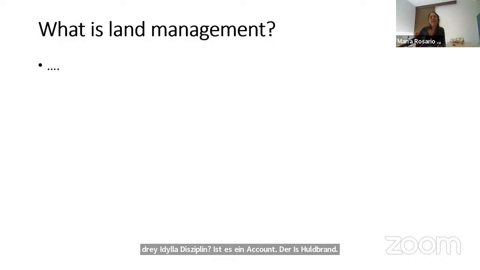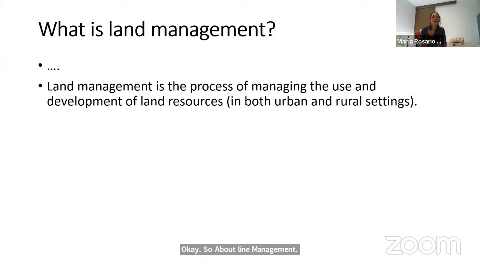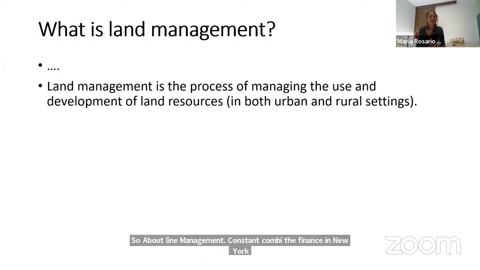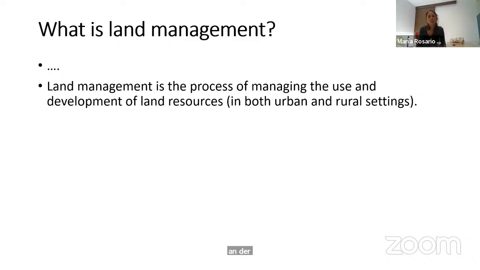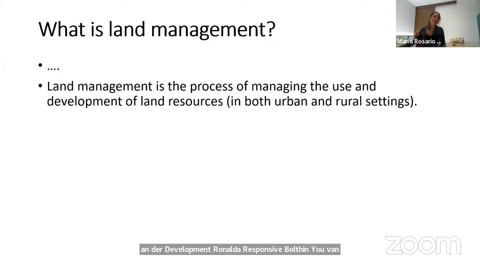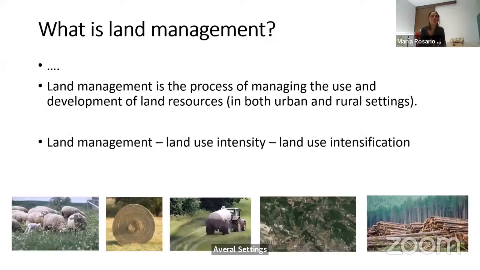Okay, so about land management, of course, that can be defined in many ways, but how I use it in my work is about the process of managing the use and the development of land resources, both in urban and rural settings. There are similar terms used in relation to this topic, like land use intensity and land use intensification, but we should not confuse them.